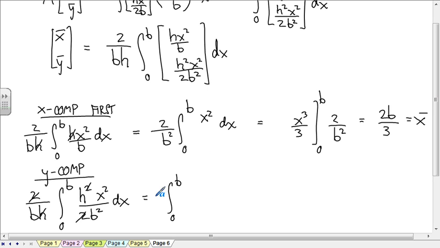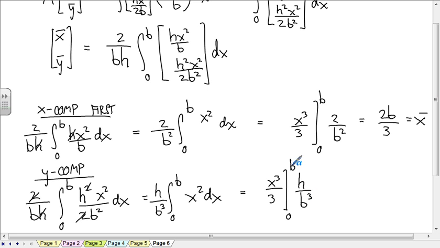So what we have left is h over b cubed, and inside the integral x squared dx. And so we have x cubed over 3 evaluated from 0 to b multiplied by h over b cubed.